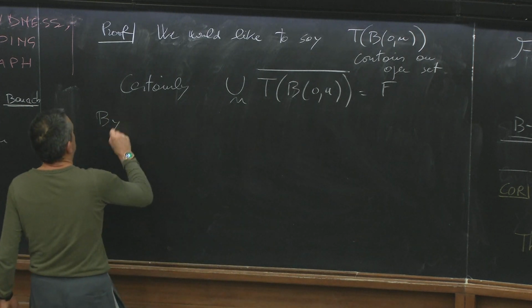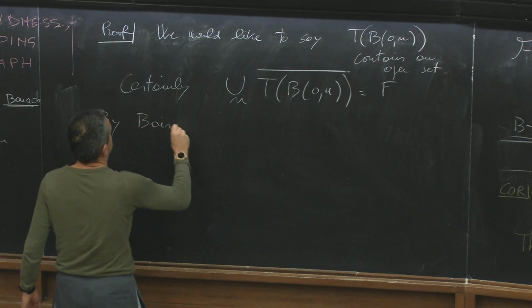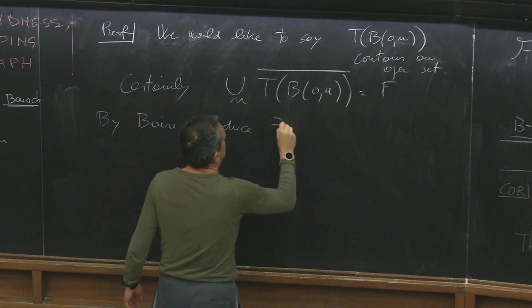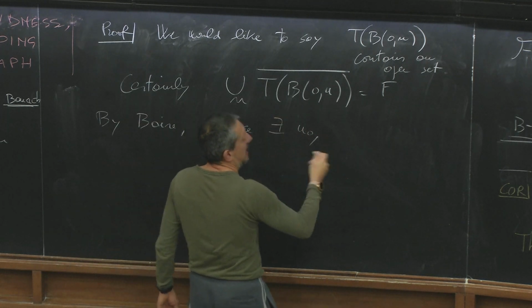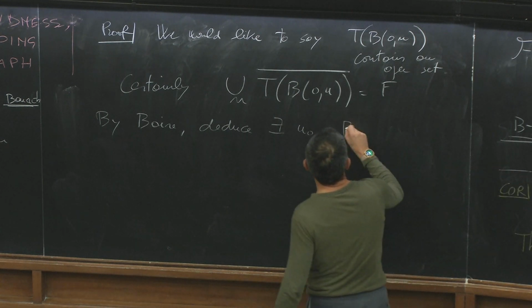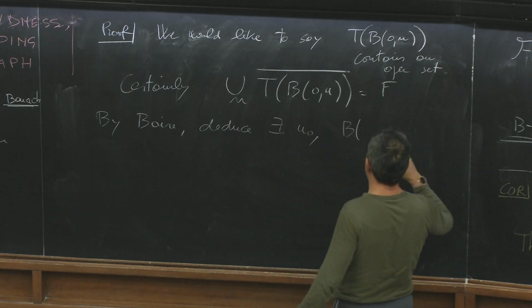By Baire, I deduce that there exists, let's say, n0, and a ball.